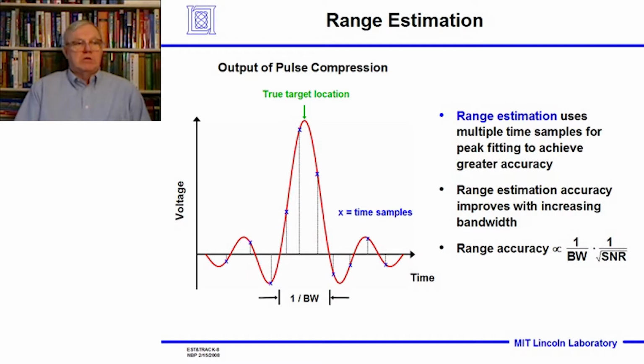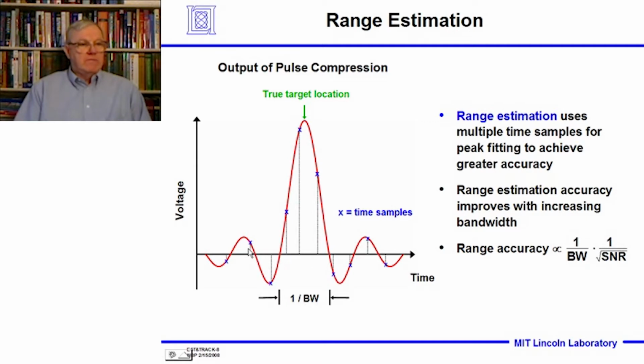First, let's look at range estimation. When you see a target, you just don't see it in one range sample cell. You see it in a number of cells. And this shows the response in voltage out of a matched filter that we get from an echo from a simple CW pulse.